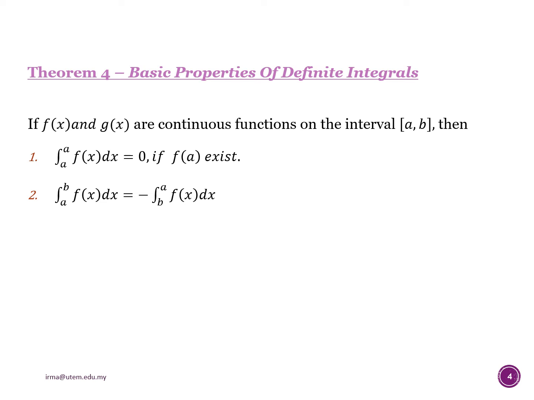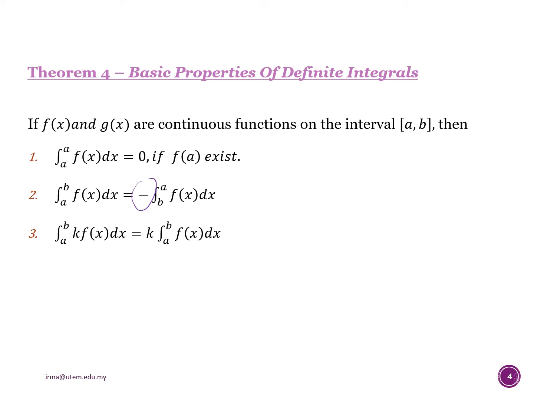And the integral of f(x) with limits from a to b gives the same answer as with limits from b to a, but with a negative in front. If you have a negative answer for limits from a to b, then you will get a positive answer for limits from b to a.